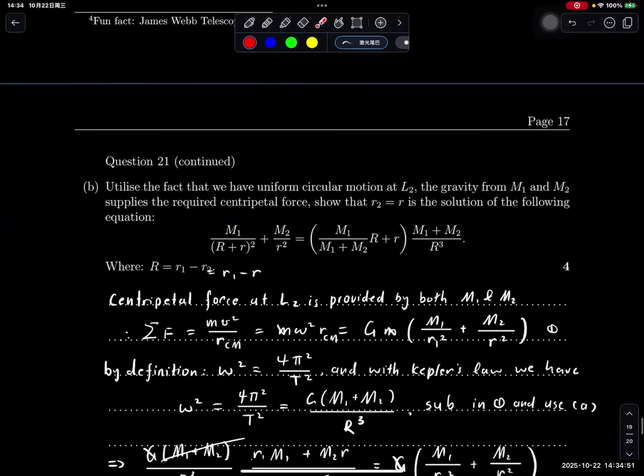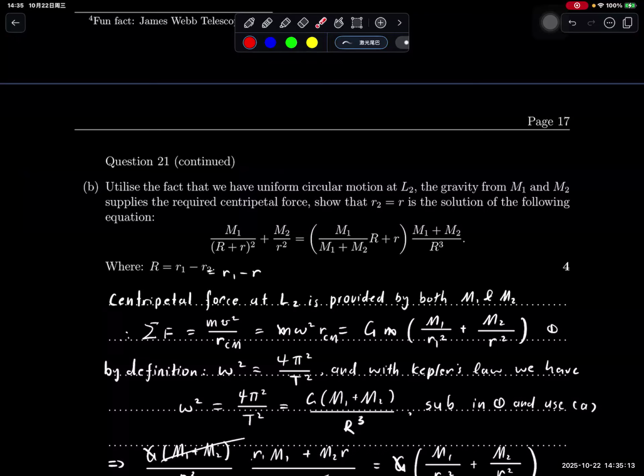In question 21, you have to prove that the radius at L2 is given exactly by the solution of this expression, with big R equal to R1 minus R2. It's really quite difficult.